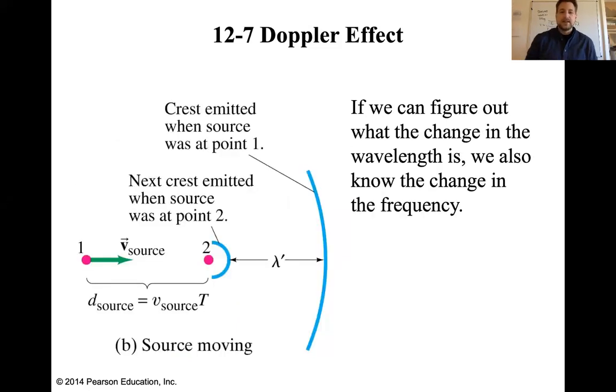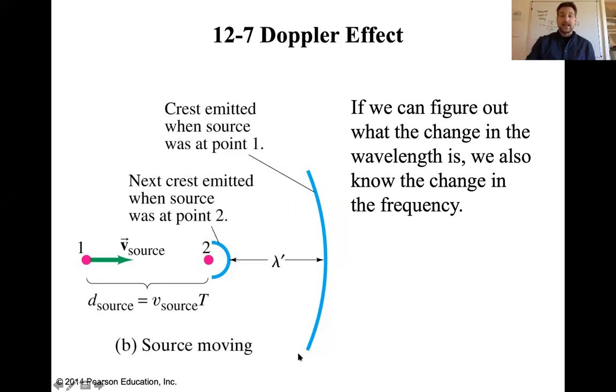Okay, there we go. So we've got our moving source, and it's emitting waves. We're going to track them with the wavefronts or the crests. When the source was at point 1, it emitted a wave, a crest, that in some amount of time has gotten to here.